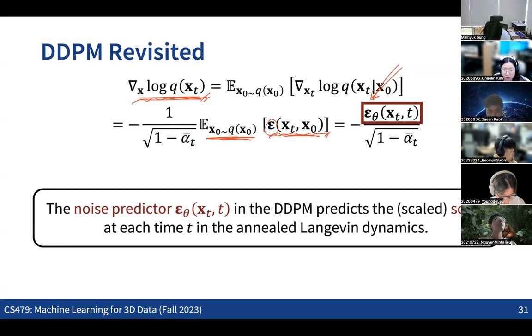Actually, we can see that the reverse process is a reformulation of the Langevin dynamics, in terms of denoising all the samples from the previous time step using this score information, which is predicted using the noise predictor. So that's what we are doing in the diffusion models.